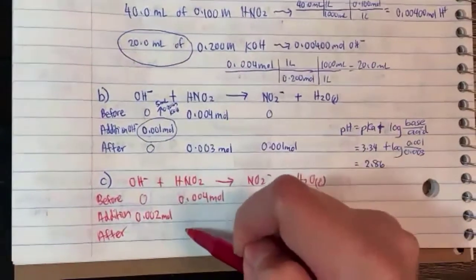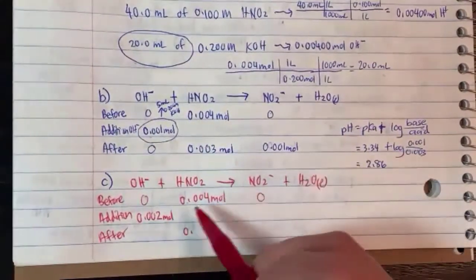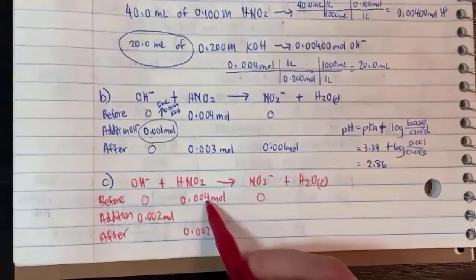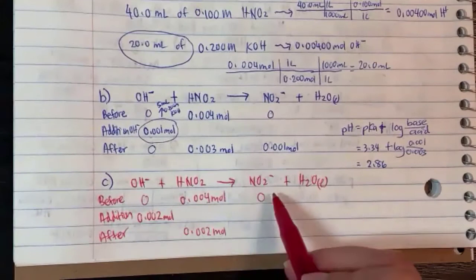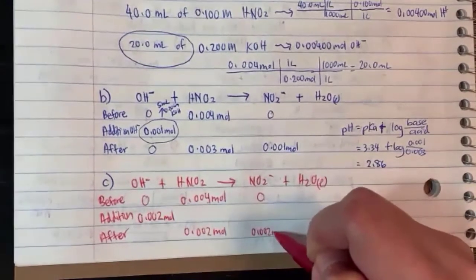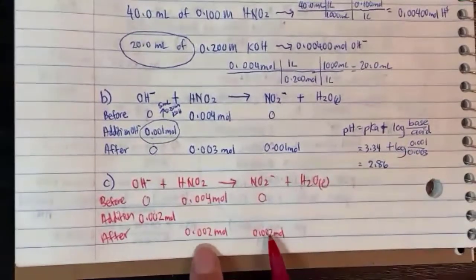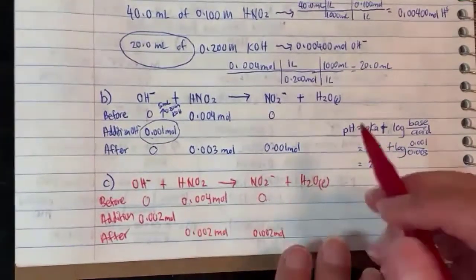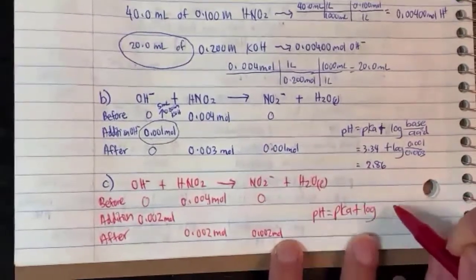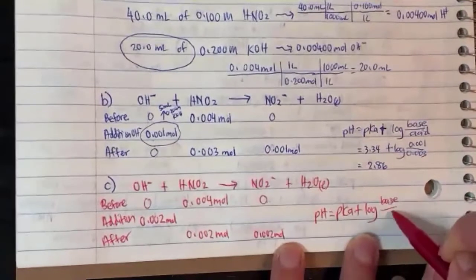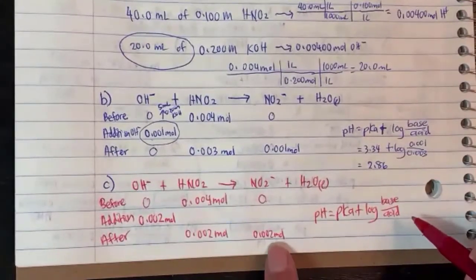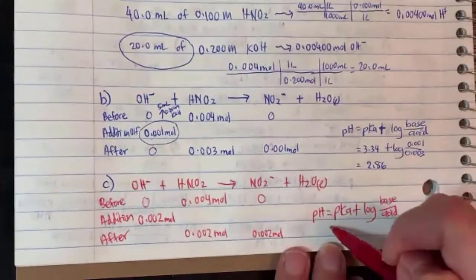So the HNO2 will reduce by 0.002 to get 0.002. This is 0.004 minus 0.002, versus this one, 0 plus 0.002. You see how now the base and acid are the same number? So pH equals pKa plus log of base over acid, which in this case is 0.002 over 0.002, a ratio of 1 to 1. That's why pH equals pKa.